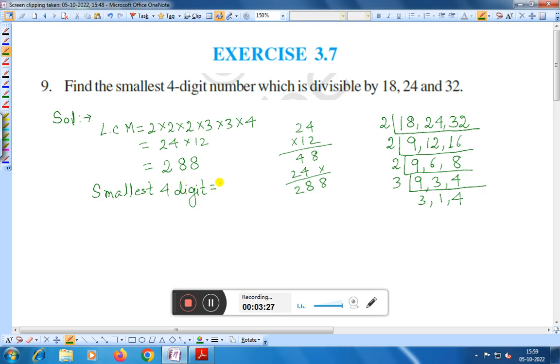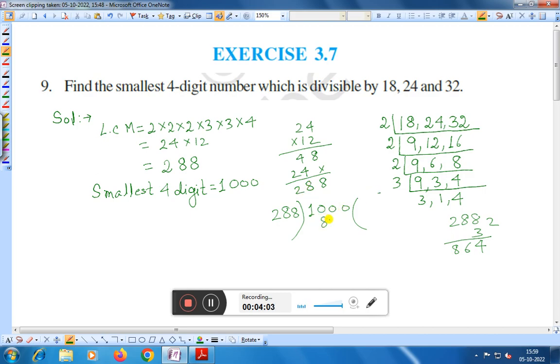We know that the smallest 4-digit number is 1000, right? Now if we divide 1000 by 288, what will we get? First of all, we multiply 288 by 3. What are we getting? 3 8s are 24, 3 times 8 is 24, 2 carry, 3 times 8 is 24 plus 2 is 26, 6 carry 2, 3 times 2 is 6 plus 2 is 8.